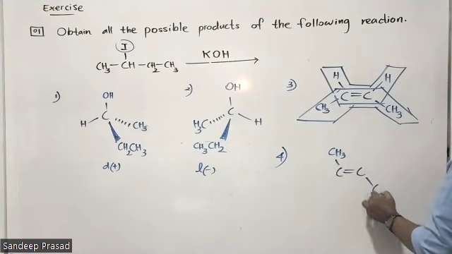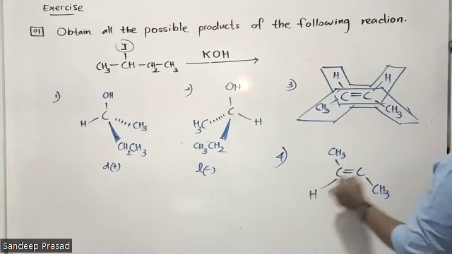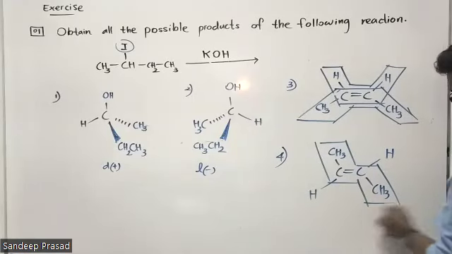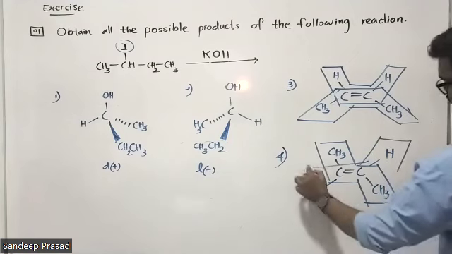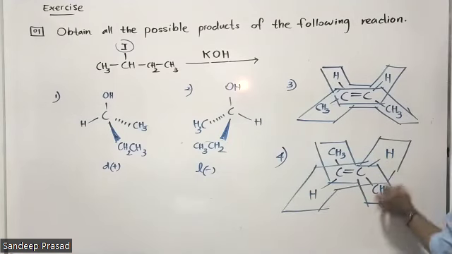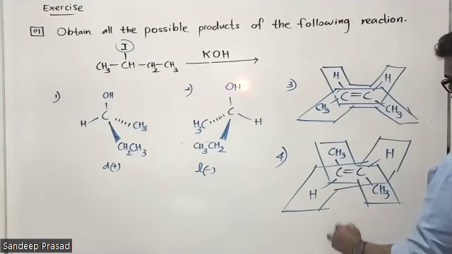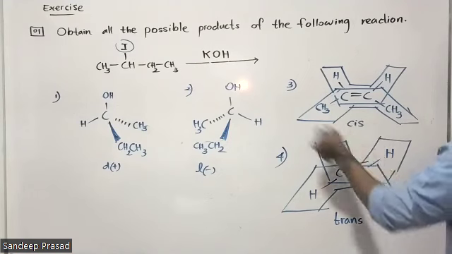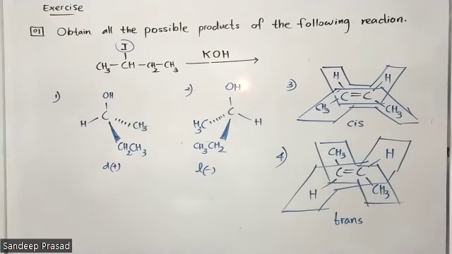Here look like this: CH3, CH3, hydrogen, hydrogen. Is the chair, kind of a chair. So that this chair structure is trans, and this is cis. So therefore we have four structures.